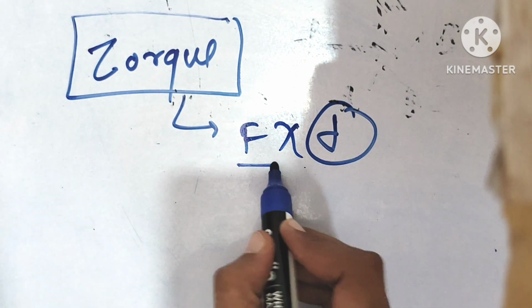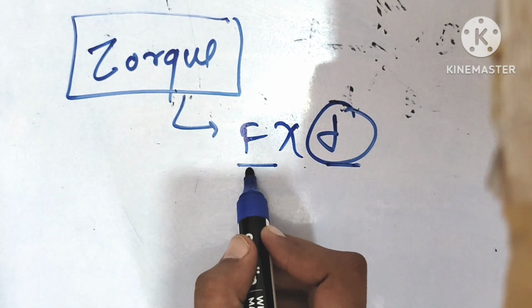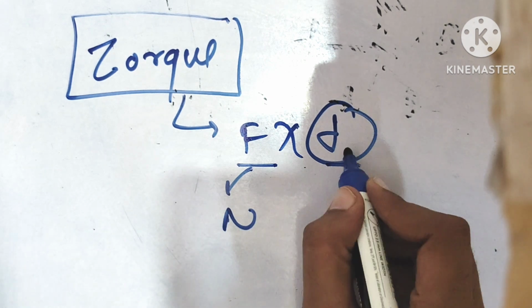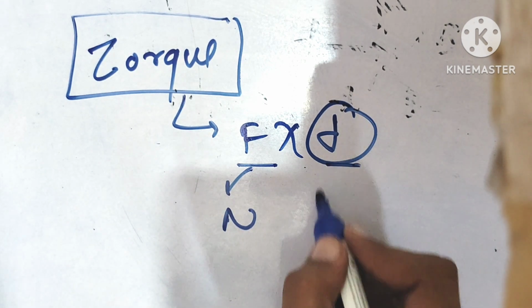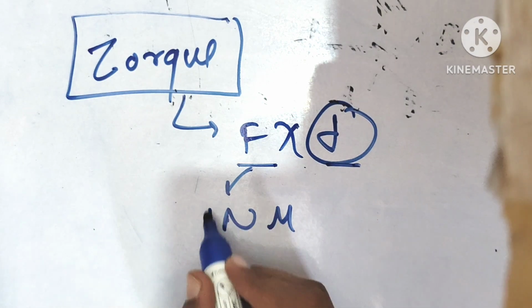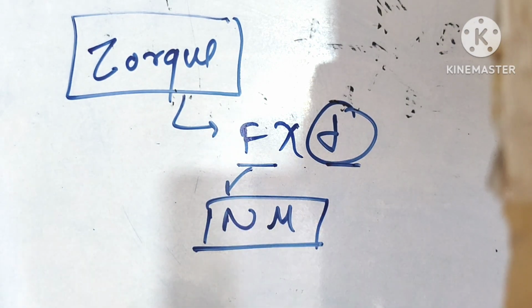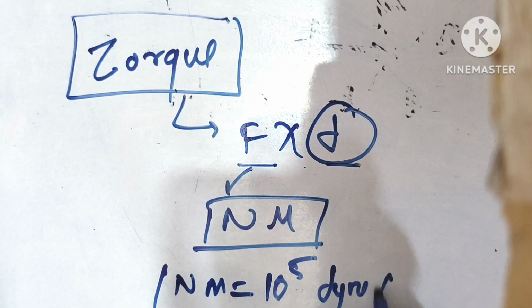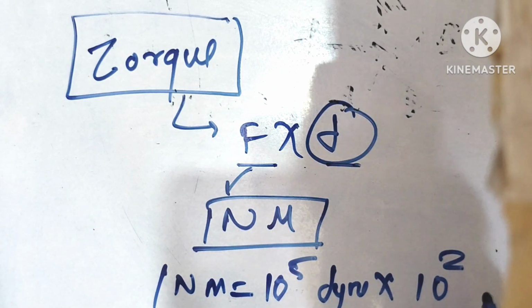Okay, so force into distance. What is the unit of force? That is Newton. And what is the unit of distance? Distance is meter. So Newton meter is the fundamental unit for it. Okay, so one Newton meter is equal to 10 to the power 5 dyne into 10 to the power 2 centimeter.